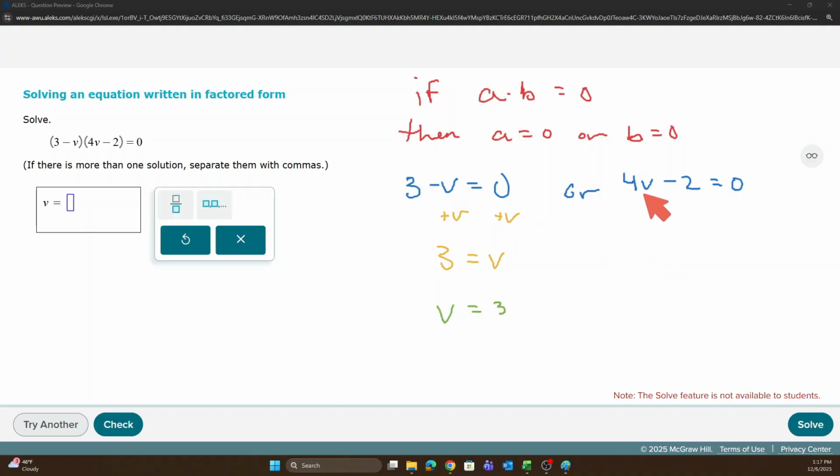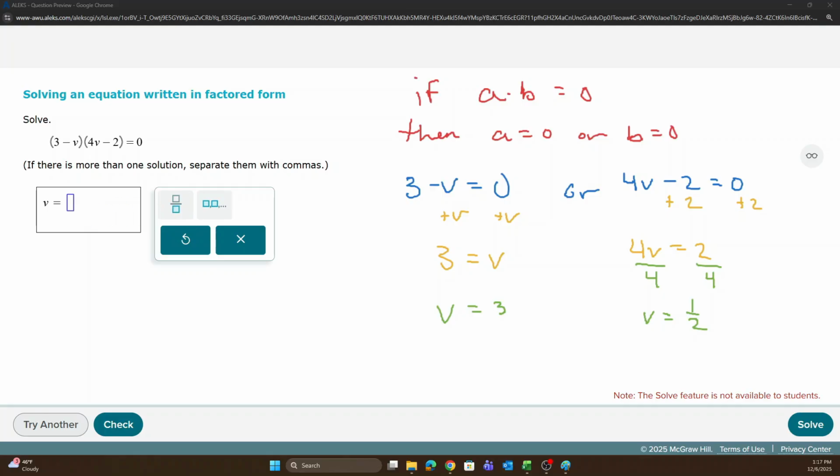On the other side, we want to add this 2 first to both sides, and we get 4v equals 2. Dividing out 4 from both sides, we're going to get v equals 2 over 4, which is the same thing as 1/2.